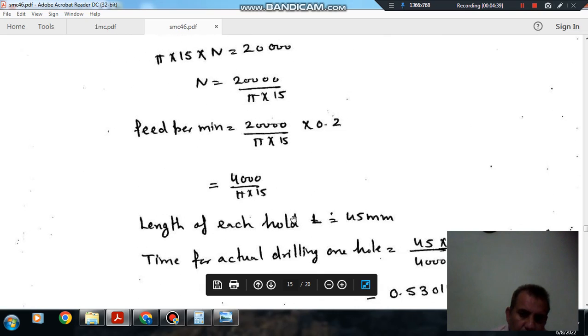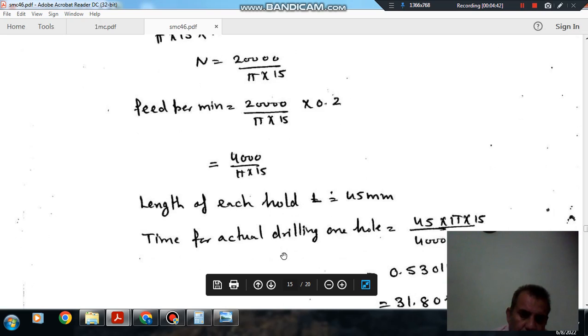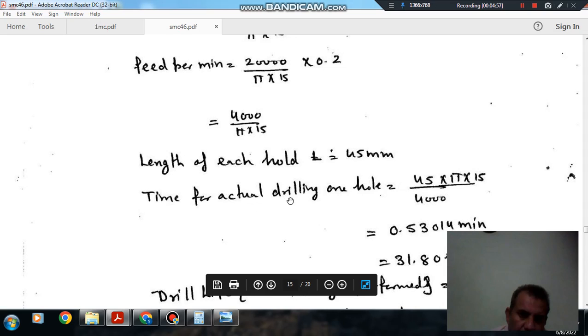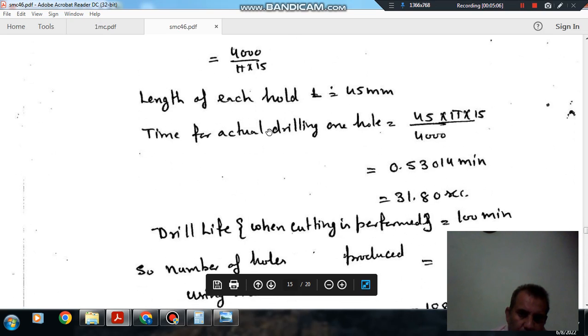The length of each hole is 45, so the time for actual drilling of one hole is length divided by feed per minute, which is 45 divided by 4,000 by pi into 15. So the time for actual drilling of one hole is 0.53014 minutes or 31.8 seconds.